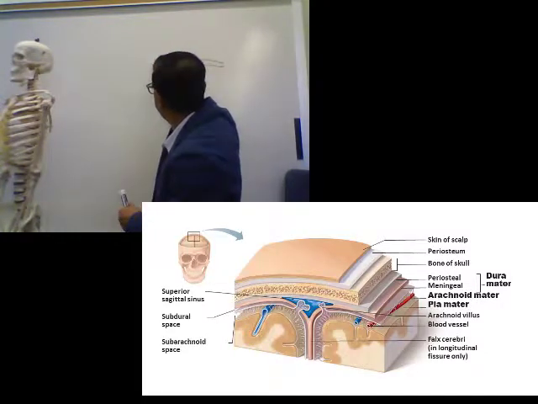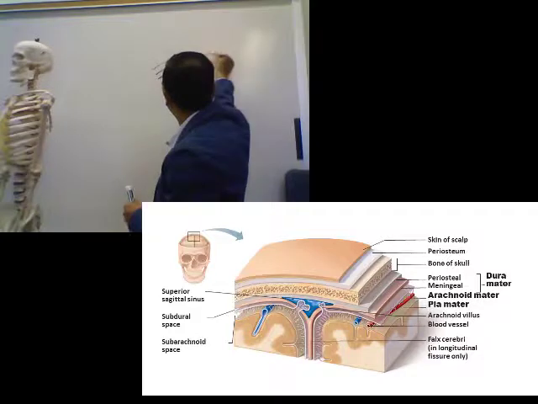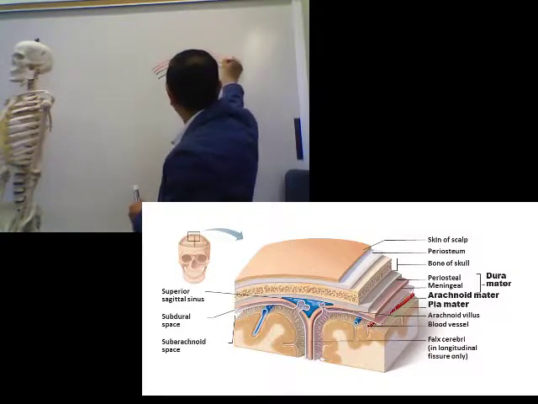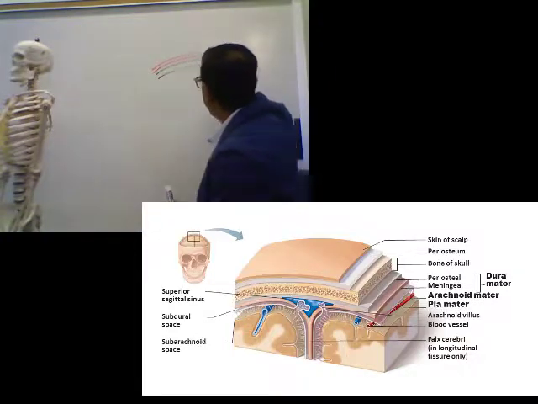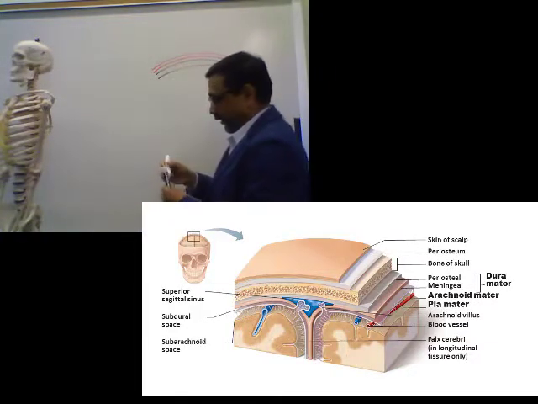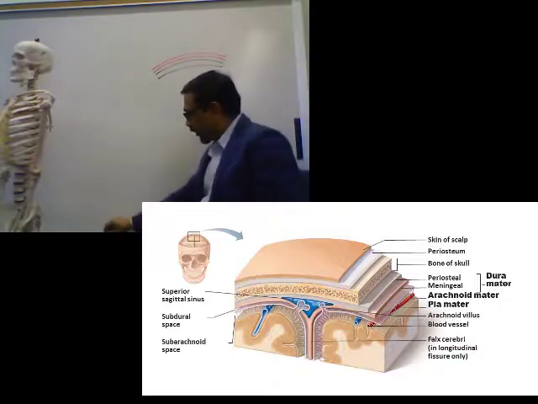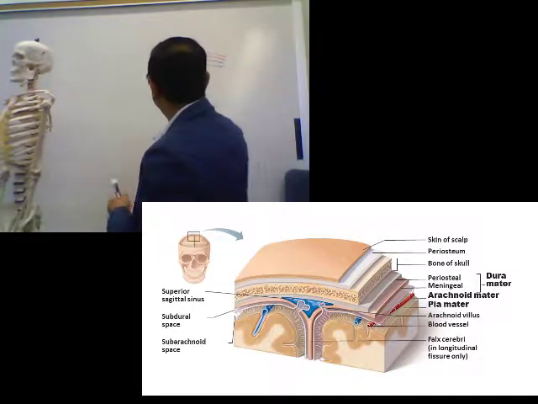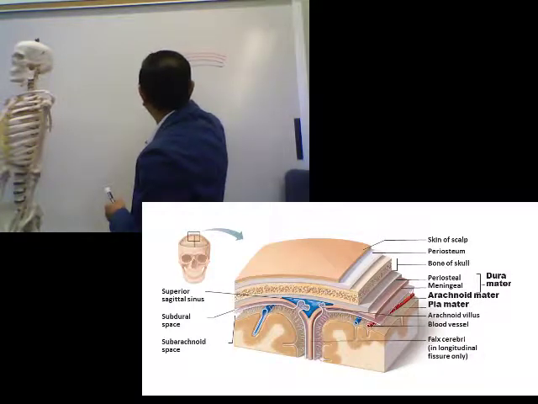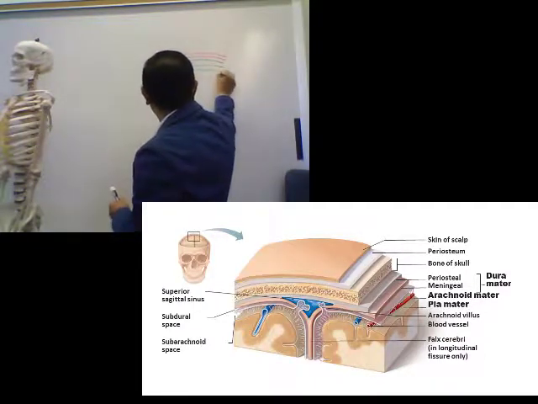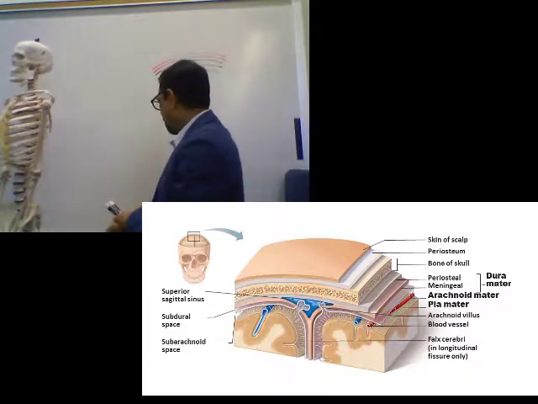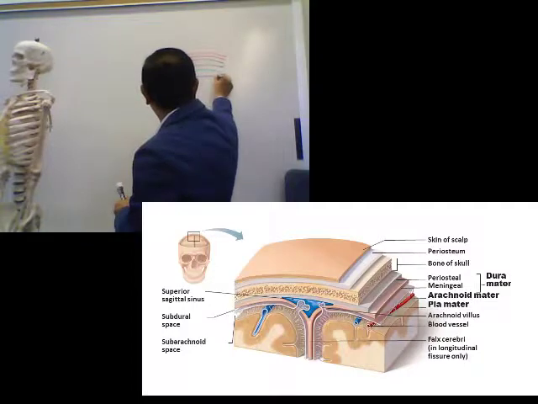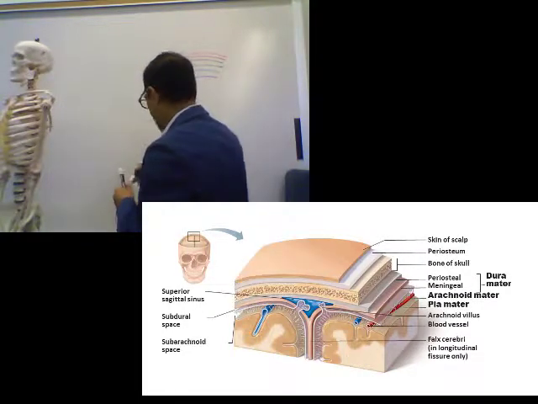So if I draw from outside to inside, this is the cranial bone, and you have the skull first, that's the outermost structure. Then under the skull you have the periosteum, the covering of the bone. Then you have the bone, the cranial bone. And now under the cranial bone you have the meninges. How many layers? Three. So this is the dura mater, this is the arachnoid mater, and this is the pia mater.